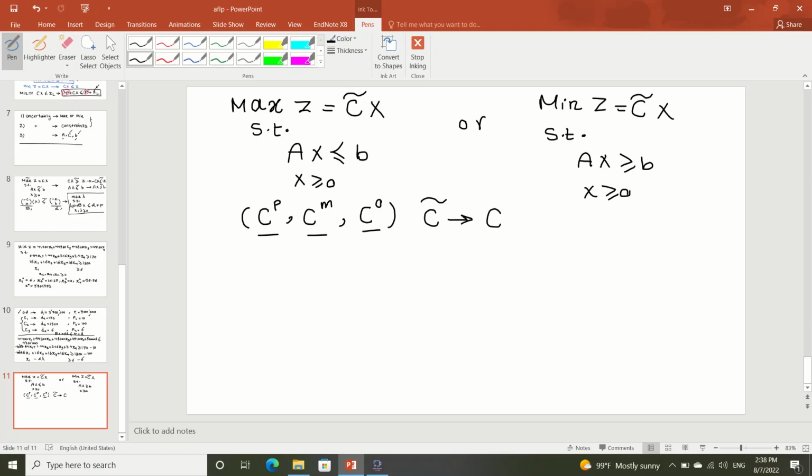For Cj you obtain C pessimist j plus 4 times C moderate j plus C optimist j, divided by 6.